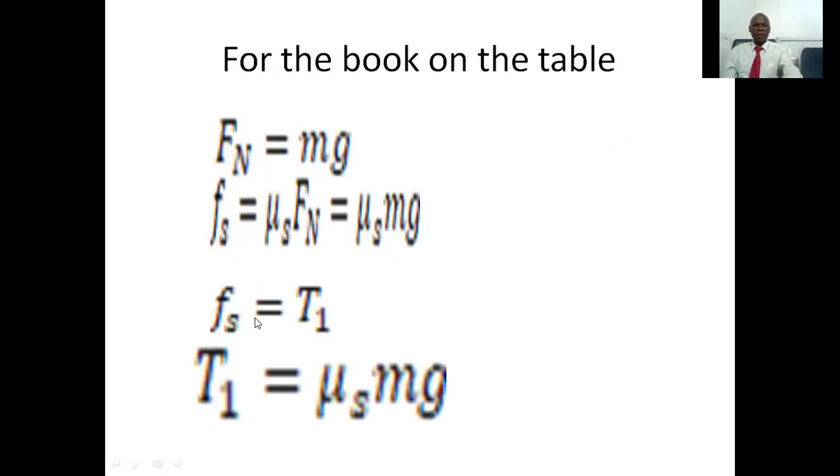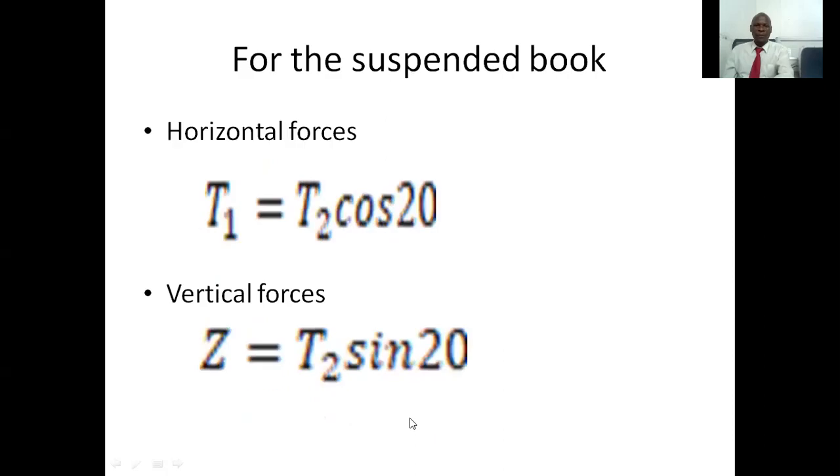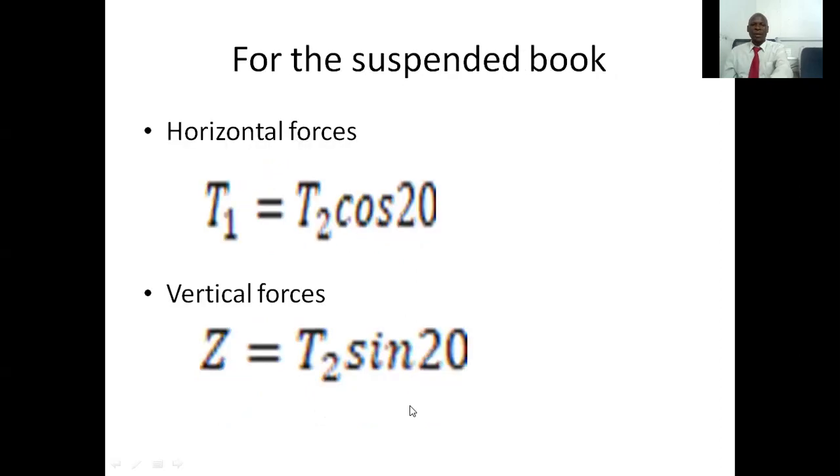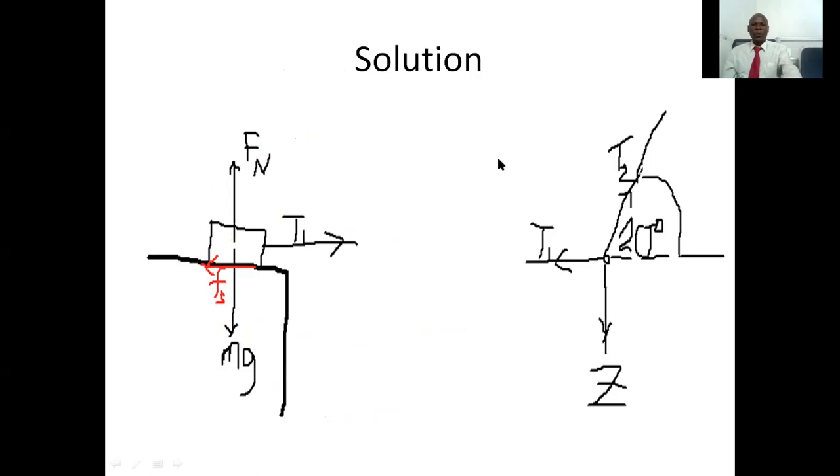And so you notice that T1 is equal to mu static, which is the coefficient of static friction, times mg. And so for the suspended book, which is this book here, we note that if you look at the horizontal forces, we have this force here, which is T1, which is pulling to the negative side.